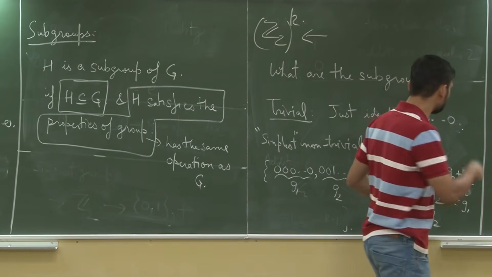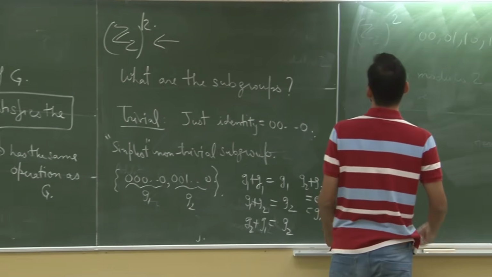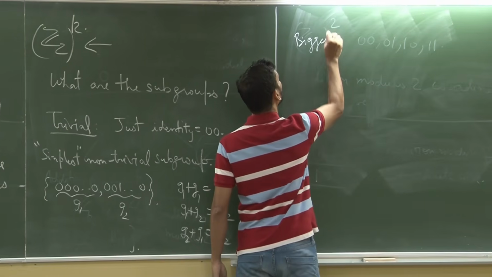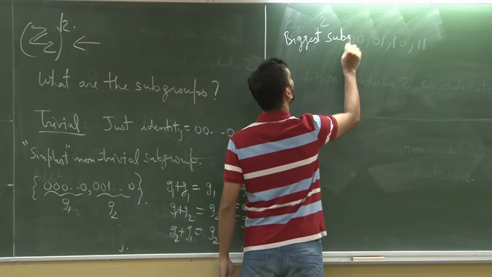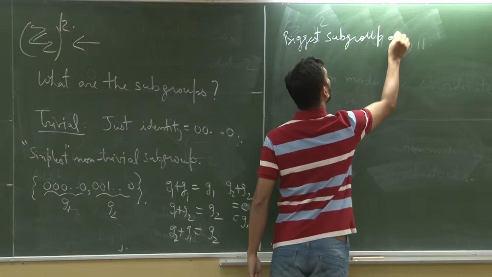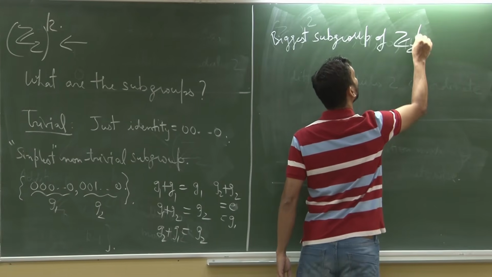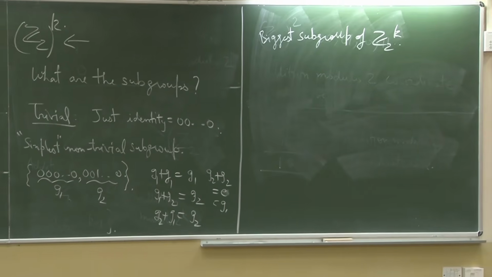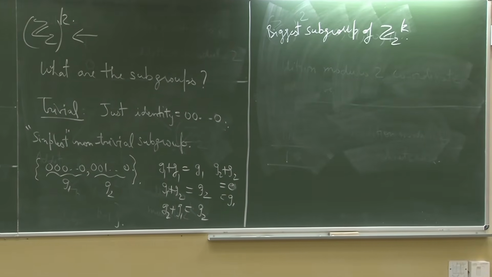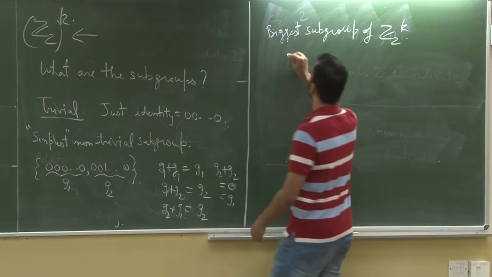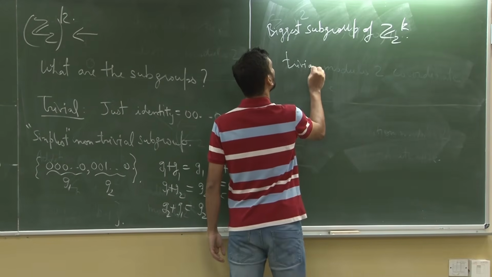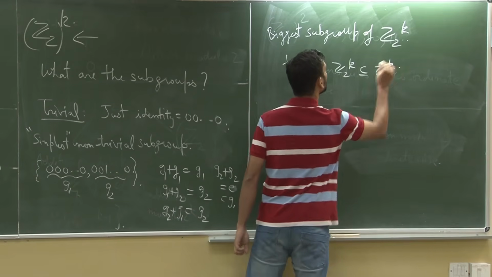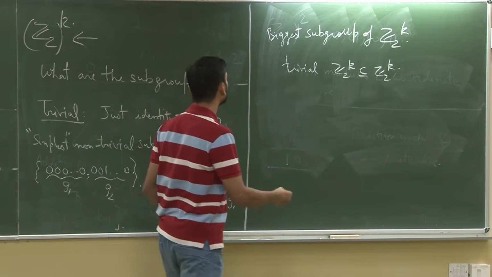And we will talk about this very soon, but let's look at the biggest subgroup of Z2 to the power k. And again, trivially Z2 to the power k is a subgroup of Z2 to the power k, but move on.